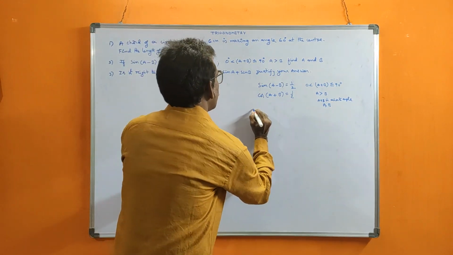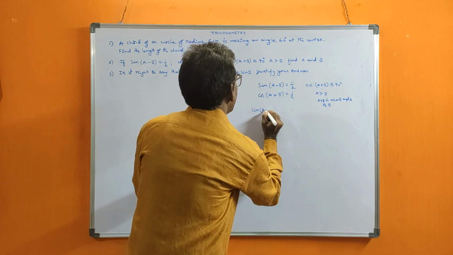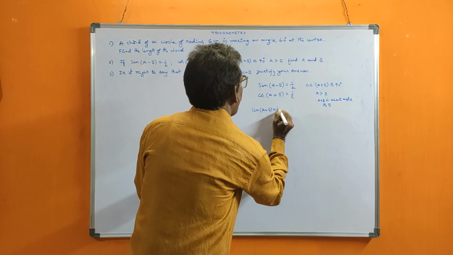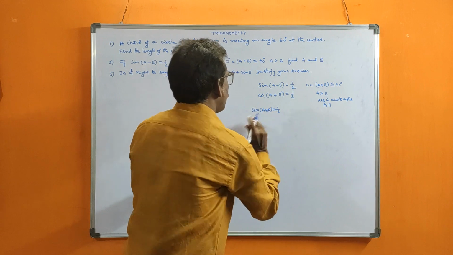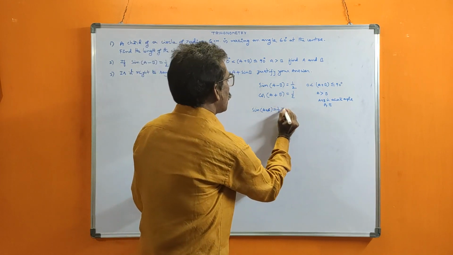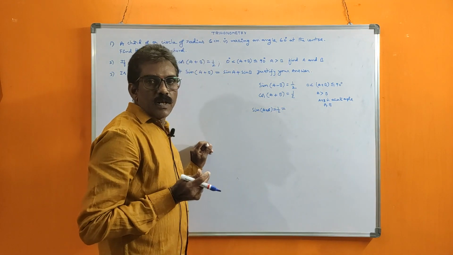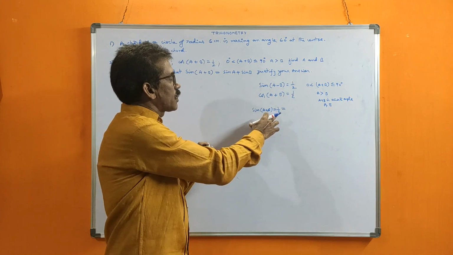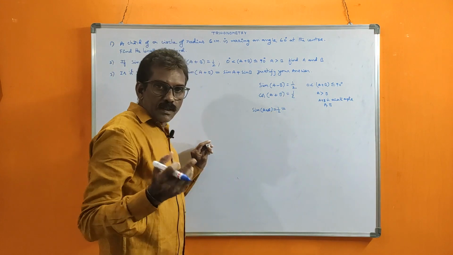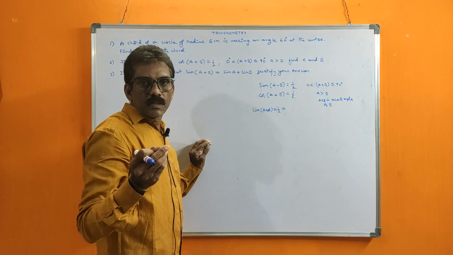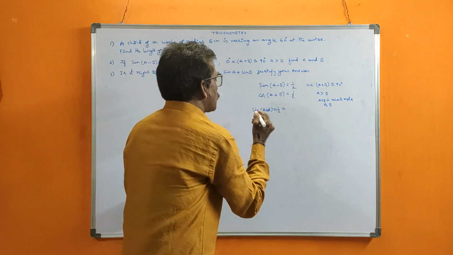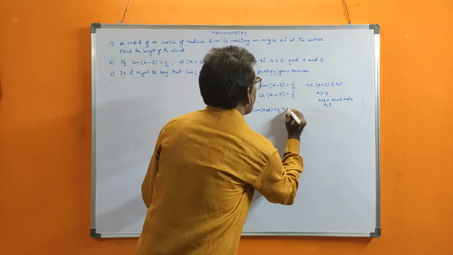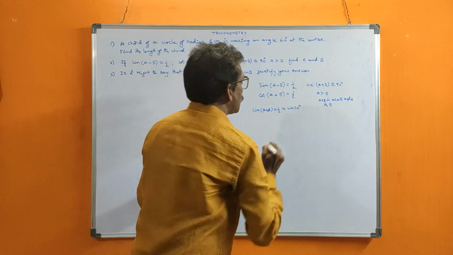Now, sin(A plus B) is equal to half, given. But you should find out for which angle sin is equal to 1 by 2. See the sin table: sin 0 is 0, sin 30 is 1 by 2. So instead of 1 by 2, we can write sin 30 degrees.